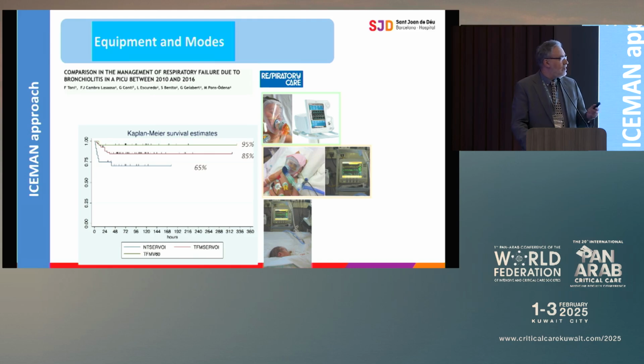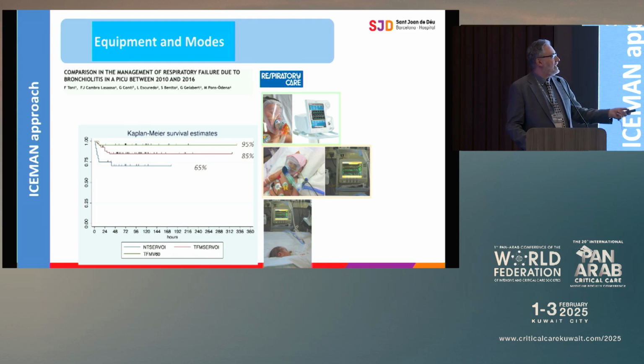It doesn't matter if you're using a specific NIV ventilator, such as Dräger, Vivo, Carina, the V60 from Philips, and other companies, compared to conventional ventilators with NIV option. However, our nurses prefer the specific ones because the automatic triggers make the patient's life more comfortable and reduce the nurse workload. So we are getting the same outcomes, but we are working less and more comfortably with specific NIV ventilators.